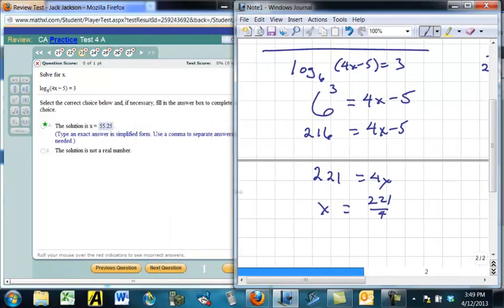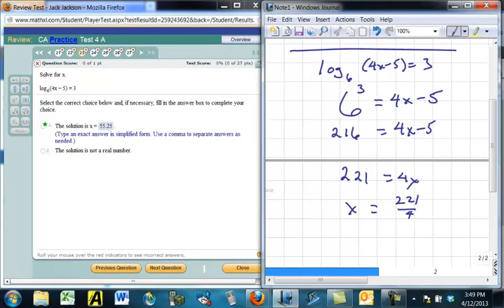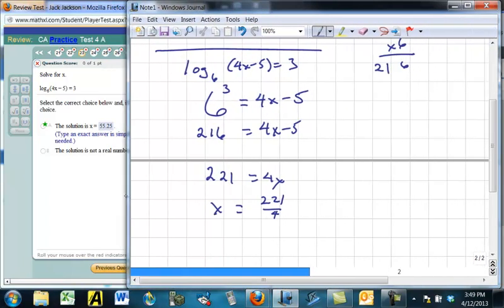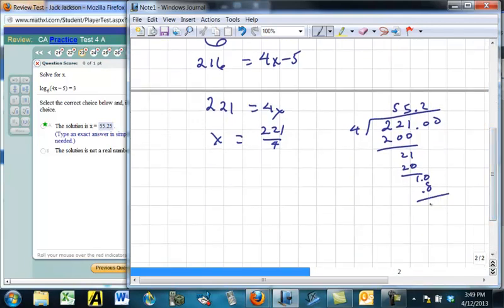They want it as an exact answer, but it looks like they would rather have a decimal version. So that's a perfectly fine answer. But if we want a decimal version, we could divide this out, and just keep adding those decimals in there, till we get this to terminate at this point right here.